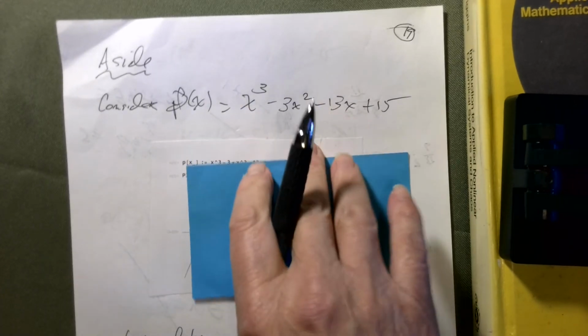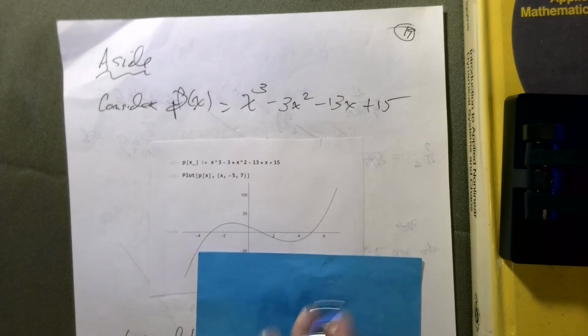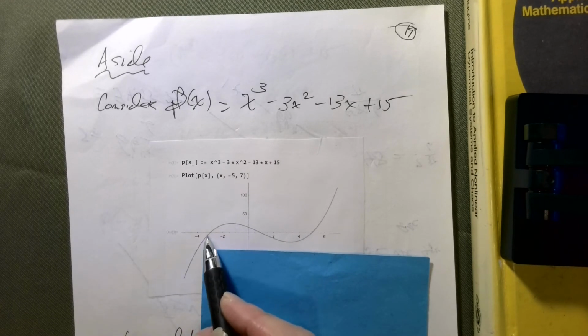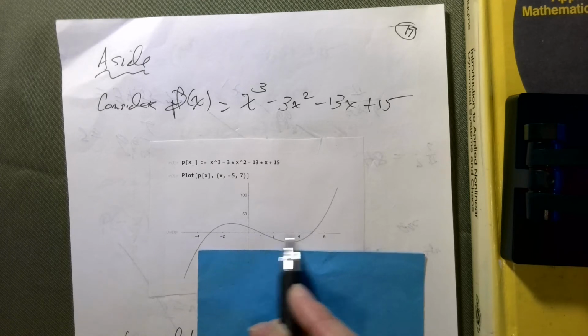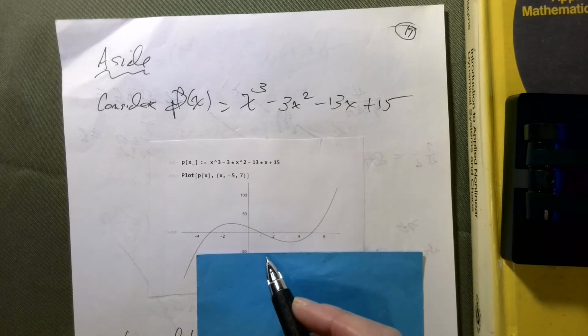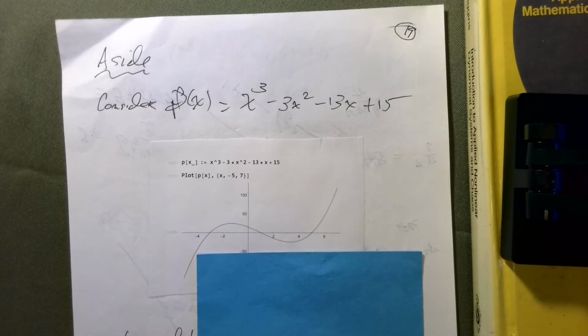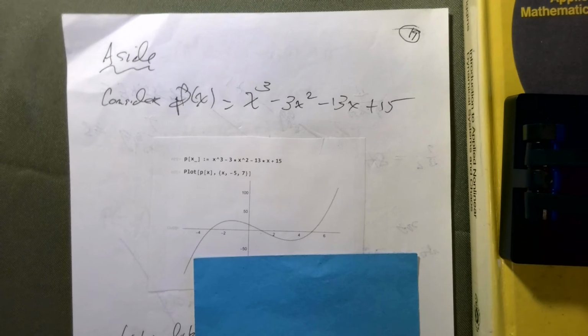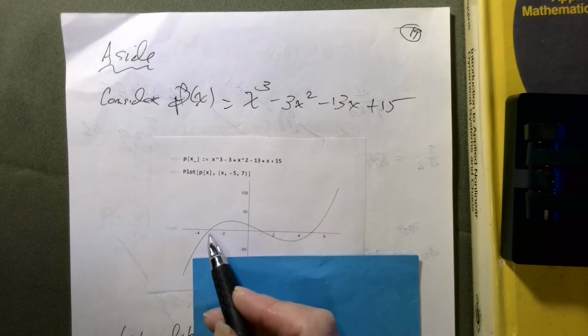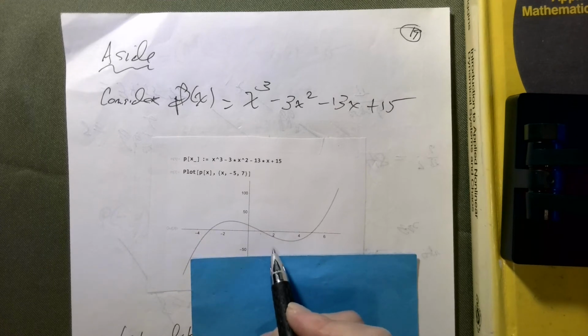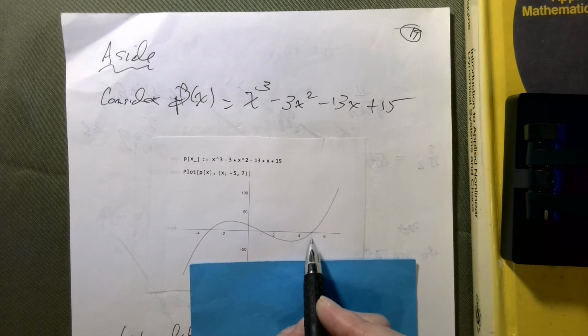And if we look at a graph of this guy, it looks like the graph crosses here, here, and here. So there should be what are called roots, three places where this becomes 0. And it looks like one of the places that the graph crosses is at, say, -3, at 1, and at 5.